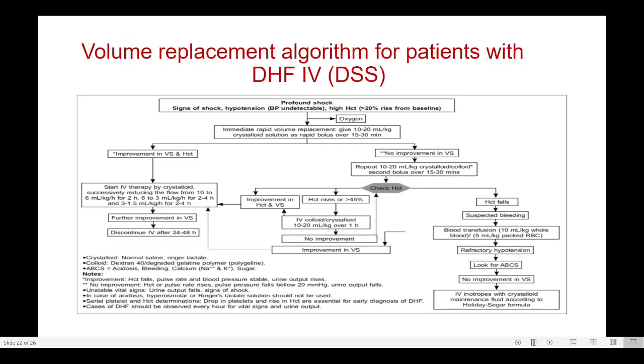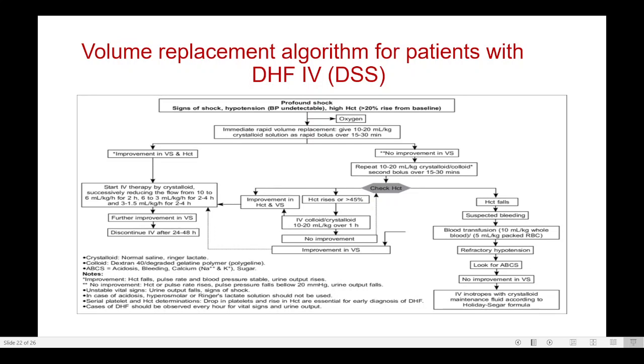Now the volume replacement algorithm for patients with dengue hemorrhagic fever grade 4, that means profound shock is present, pulse and BP undetectable, high hematocrit. We start with oxygen, and immediate rapid volume replacement is given in the form of a bolus within 15 to 30 minutes, and check the vital signs and hematocrit. If it improves, then gradually reduce the fluid and finally discontinue.